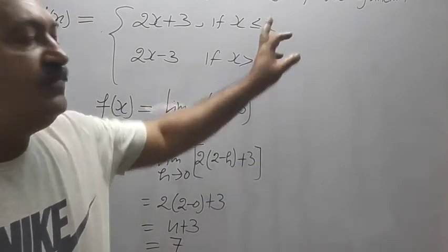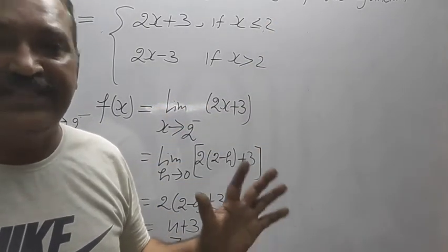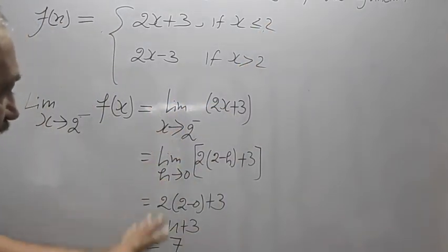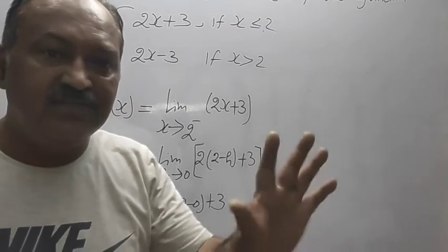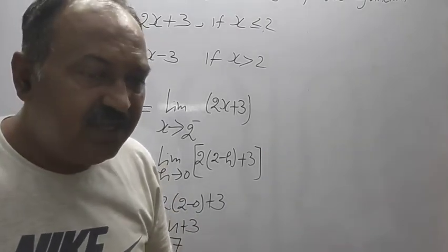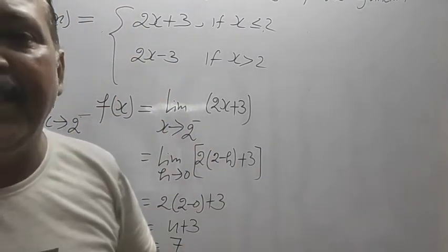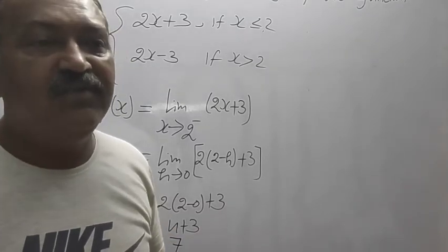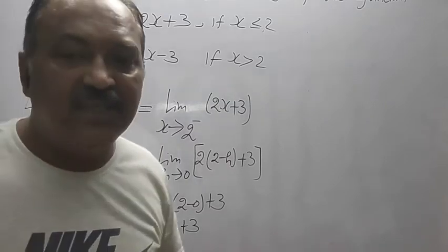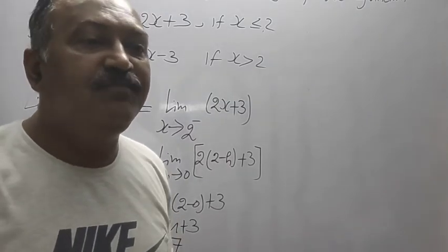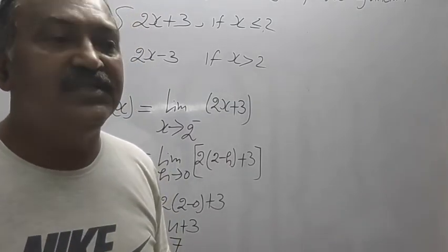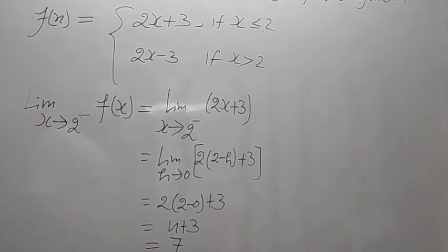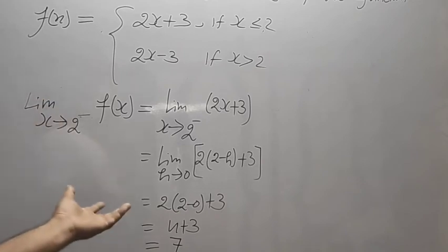क्योंकि इसी के ऊपर ही फंक्शन डिसकंटिन्यूस हो सकता था। तो ये हमने 2 के ऊपर चेक किया, राइट लिमिट एंड लेफ्ट लिमिट। वैल्यू ऑफ द फंक्शन एट 2 निकालने की आपको आवश्यकता भी नहीं है। जब ये दोनों ही इक्वल नहीं है, राइट लिमिट एंड लेफ्ट लिमिट, तो यदि वो f ऑफ 2 की वैल्यू यदि इन दोनों में से किसी एक के इक्वल आ भी जाती है तो भी हम कंटिन्यूस नहीं बोल सकते एट x इज इक्वल टू 2। तो हेंस इट इज क्लियर दैट right limit is not equal to left limit.